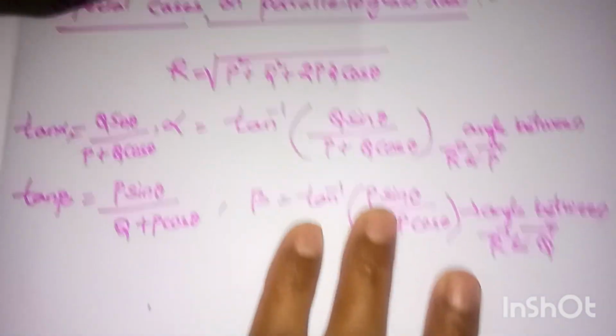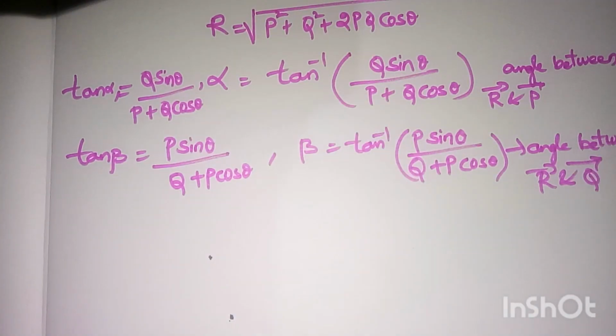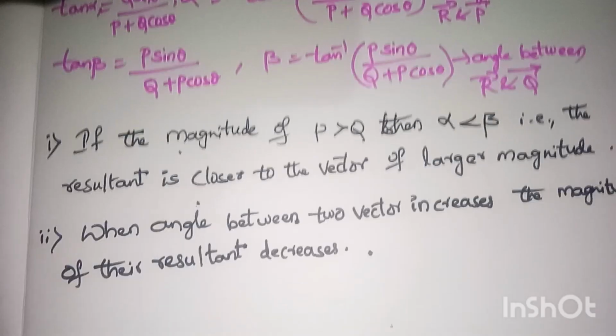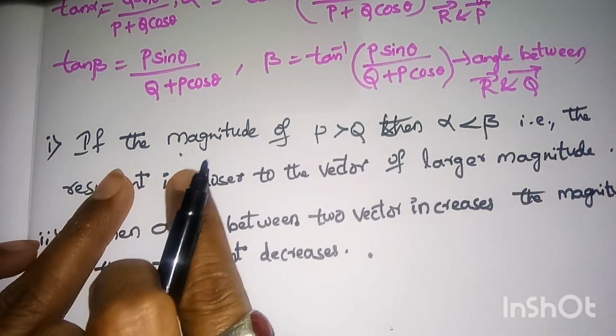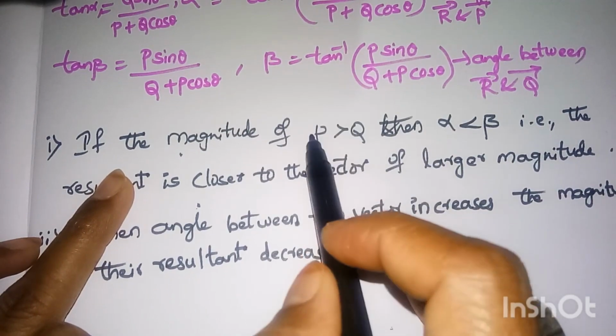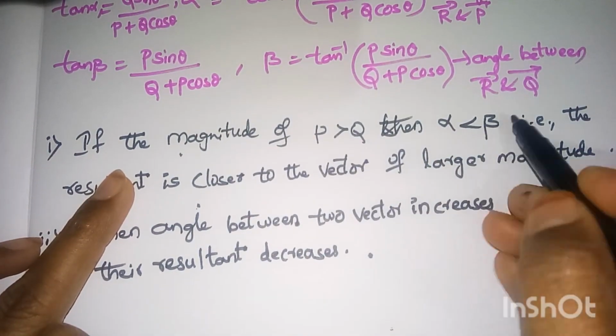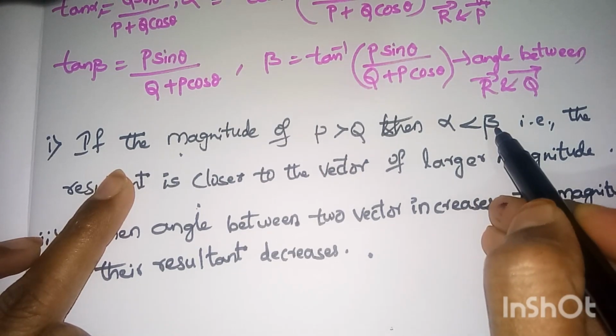Now we are going to discuss some special cases based on these formulae. If the magnitude of P is greater than Q, then alpha will be less than beta.